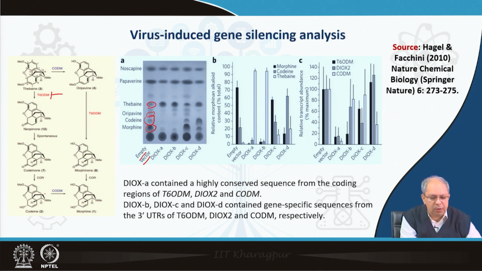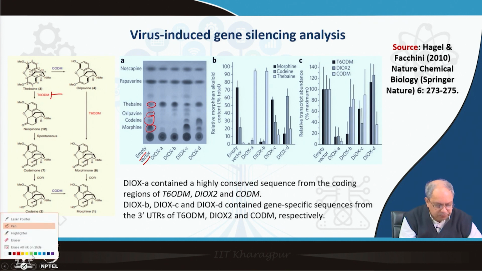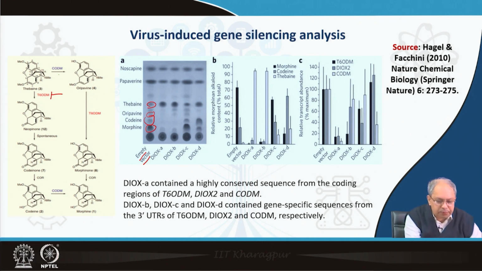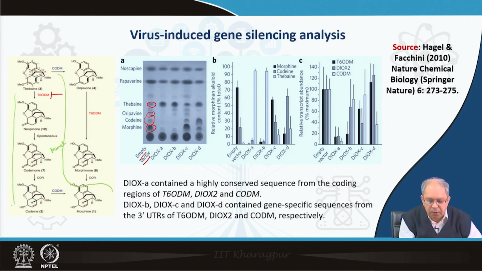All the downstream steps in this pathway, particularly in the Munich variety, get affected. Only thebaine accumulates in high amount compared with the control, because in the control or wild type, that thebaine got converted into the product.